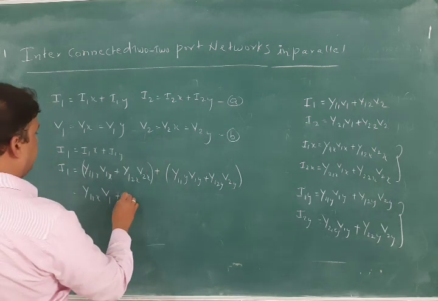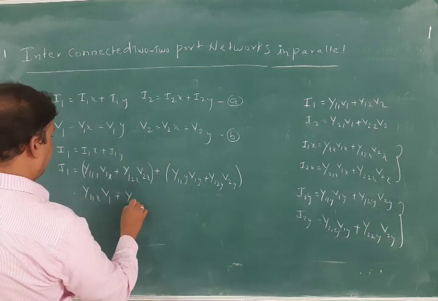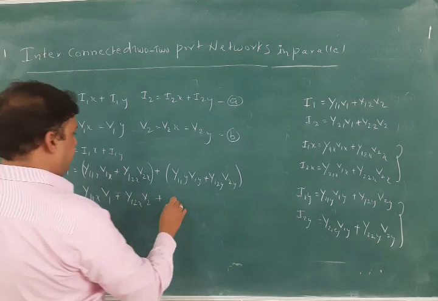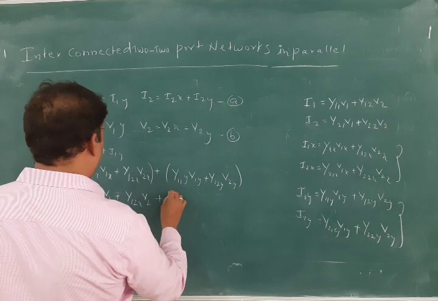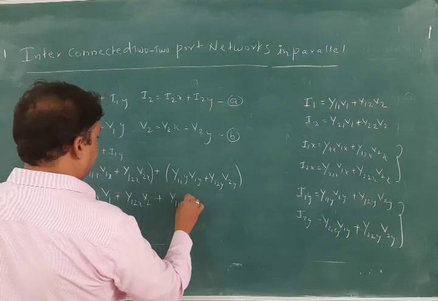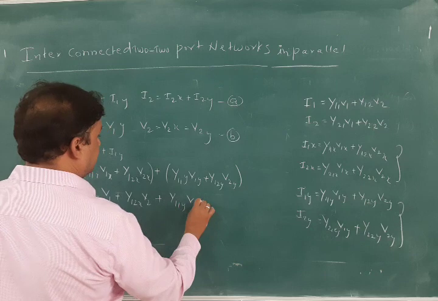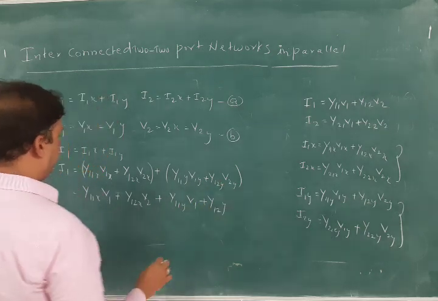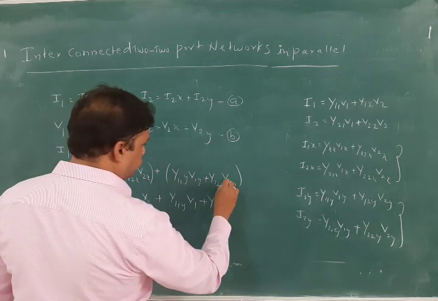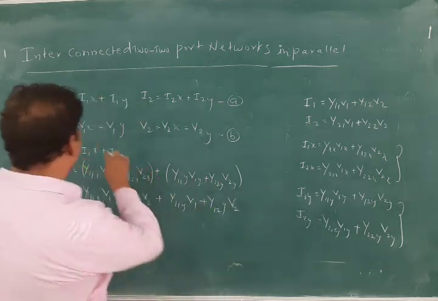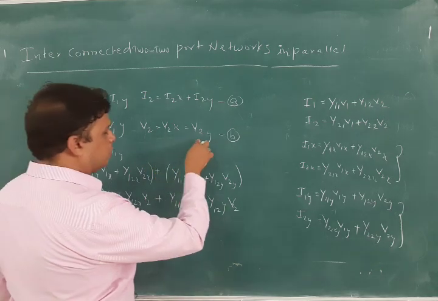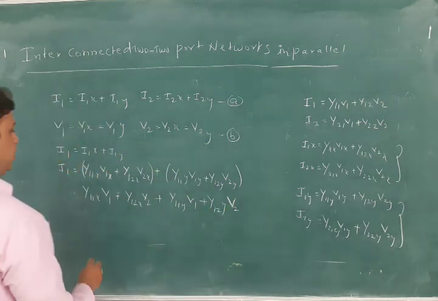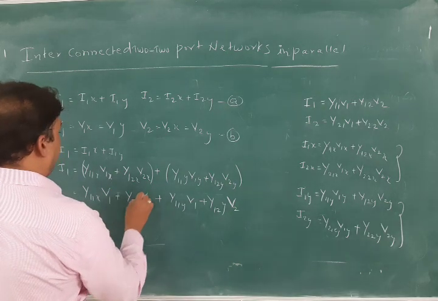Plus Y12x into V2, plus Y11y into V1, plus Y12y. Similarly, V2y can be written as V2 only. Why? Because V2 is equal to V2x is equal to V2y. Therefore, be careful in writing these V1 and V2 and I1 and I2.